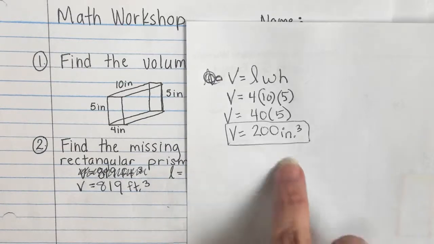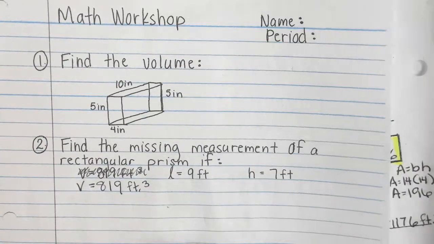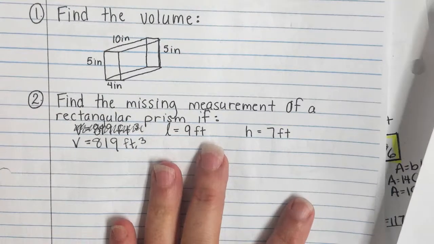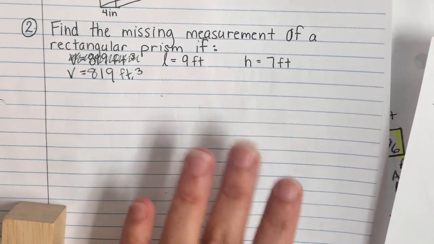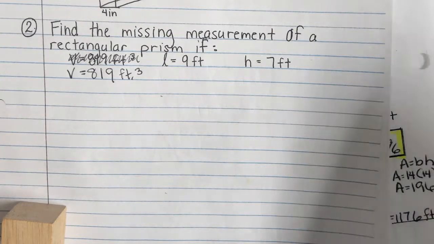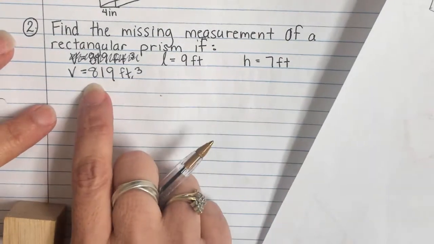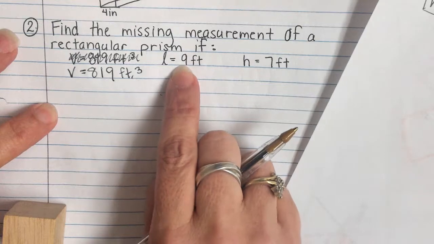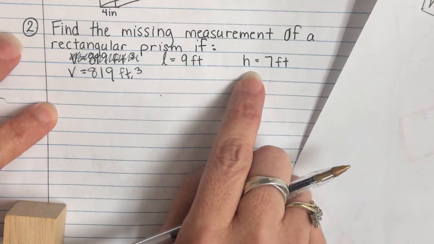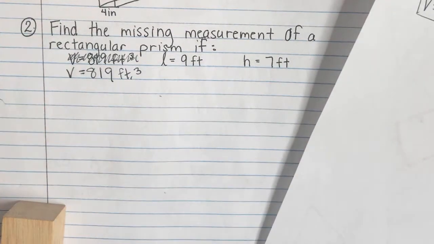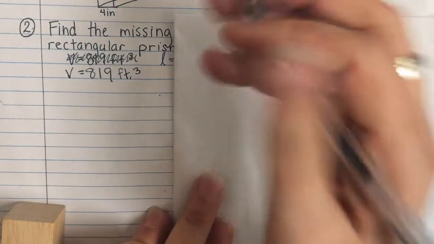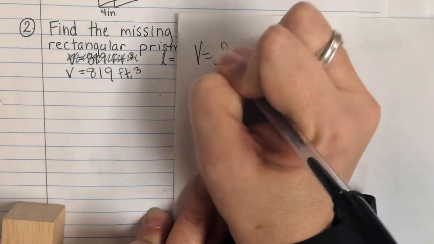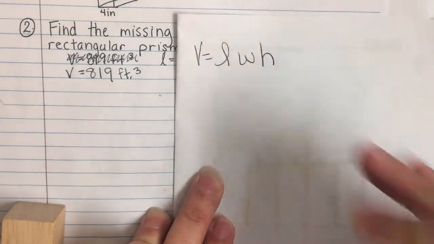Okay. The second one, number 2, and this is the trickier stuff. It says, find the missing measurement of a rectangular prism if the volume is this, the length is that, and the height is that. Well, what that means is you've got to think rectangular prism. The formula is volume equals length times width times height.